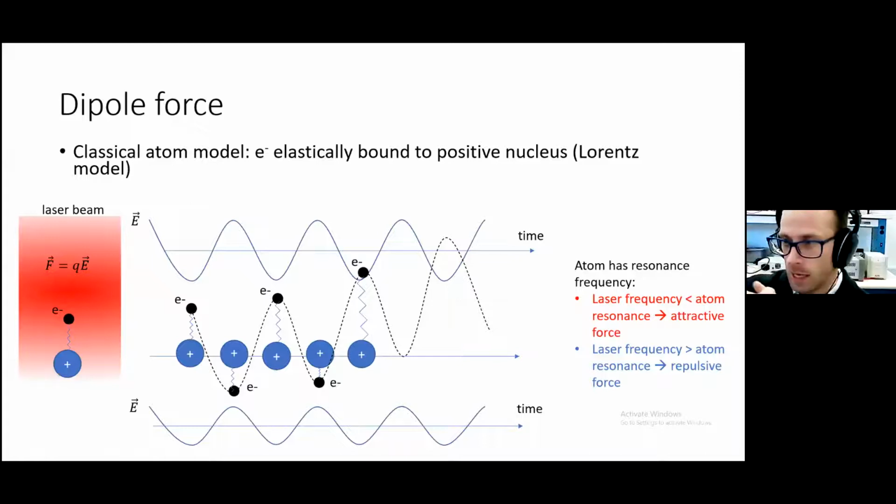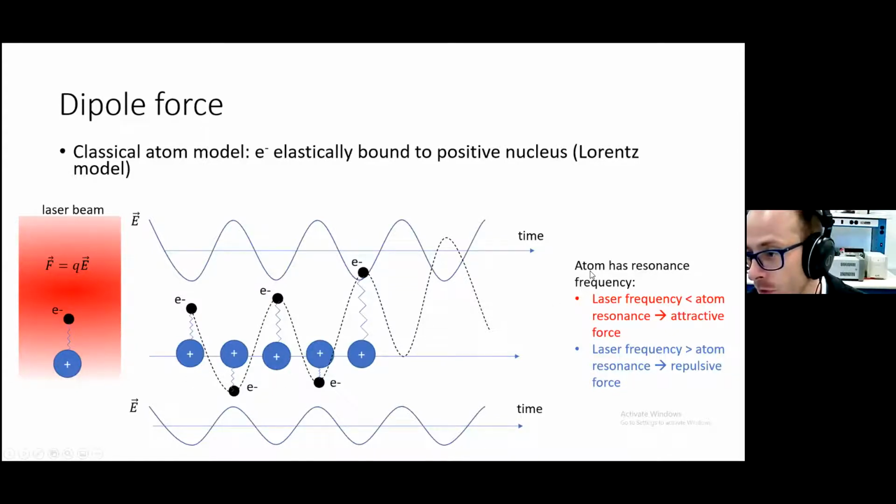In fact this electron is elastically bound to the nucleus, so it is an oscillator. It has a resonance frequency, and if, for example, you drive the system with too fast a frequency, so that the electron cannot catch the driving field, it will actually oscillate in phase, and then you will have the reverse process, namely the field will little by little push the electron out of the laser beam.